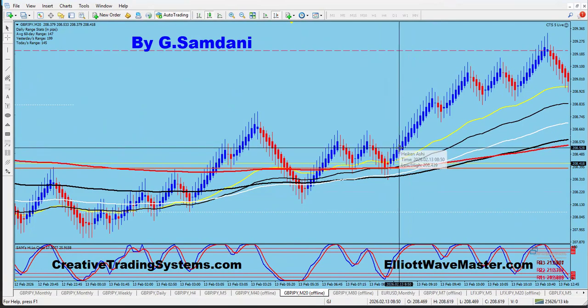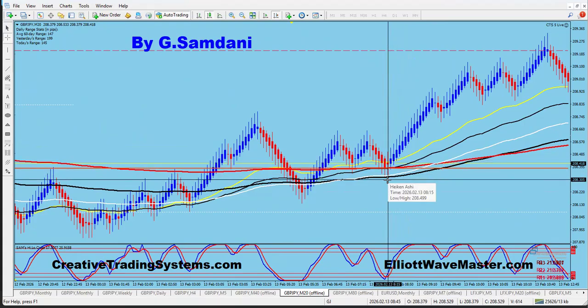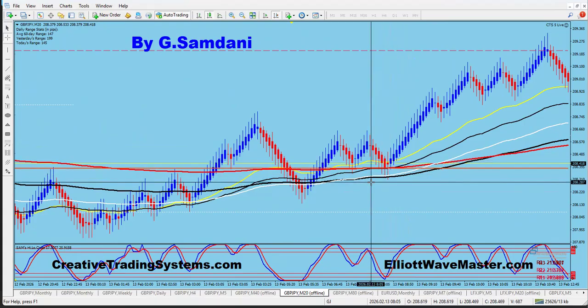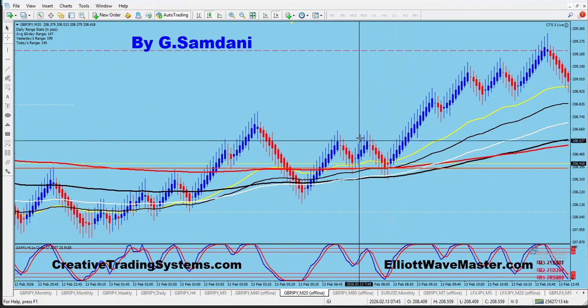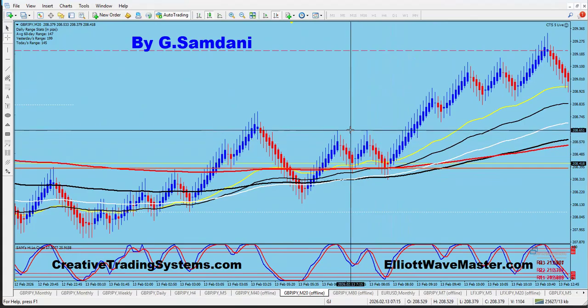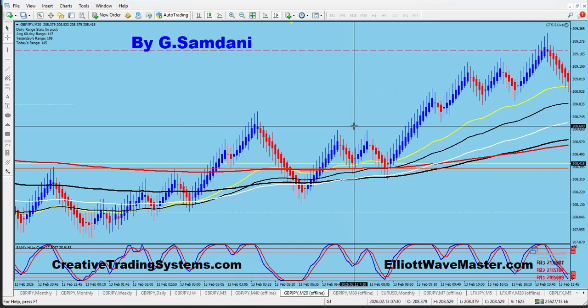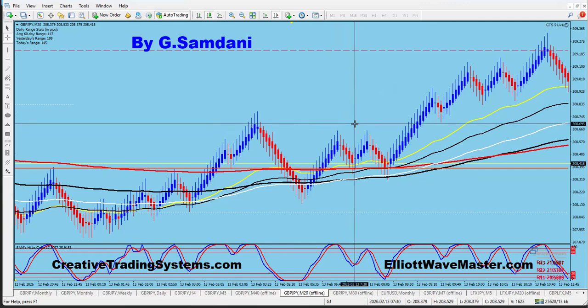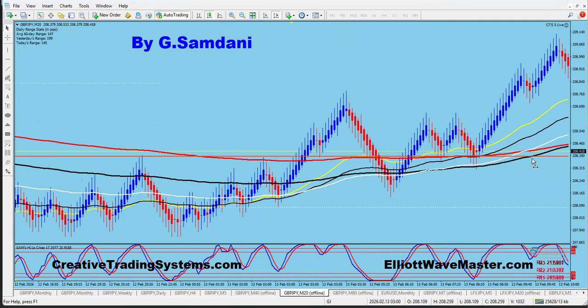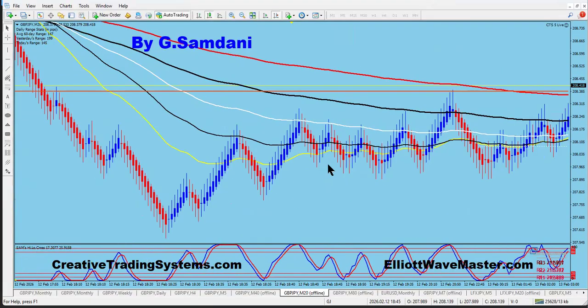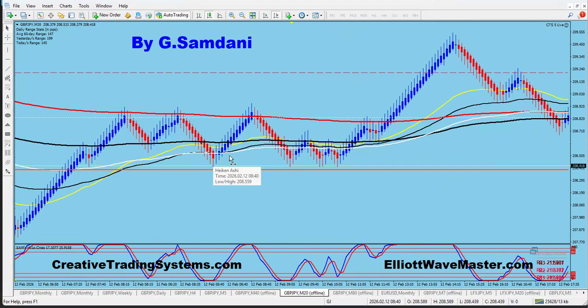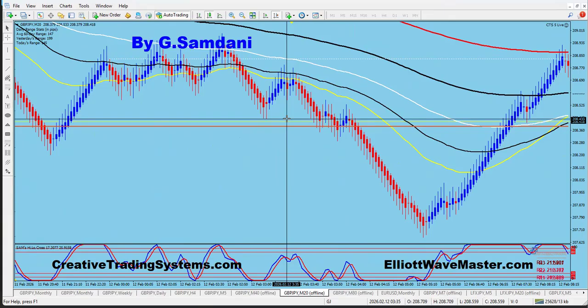And my SL is always right below this low here. If it is a short, then it's right above the last high plus the spread, right? For example, let's say this is a short, right?